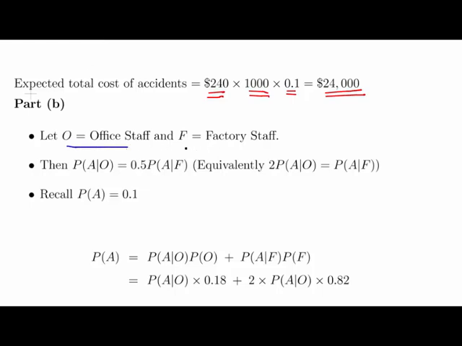Let O denote office staff and F denote factory staff. Now, what we're told here is the probability of having an accident given that you're office staff is half of the probability of having an accident given that you're factory staff. Or if you want to put it the other way around, twice the probability of having an accident given that you're office staff is equal to the probability of having an accident given that you are factory staff.